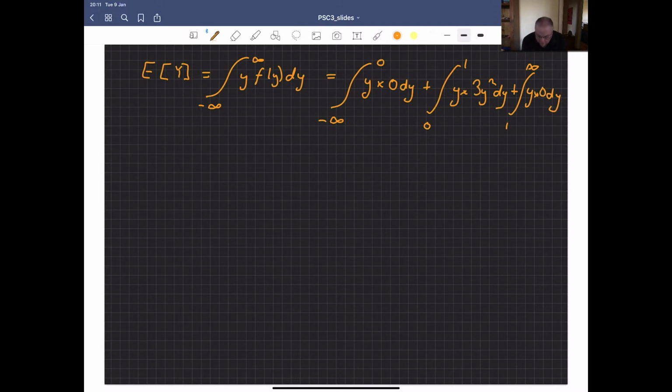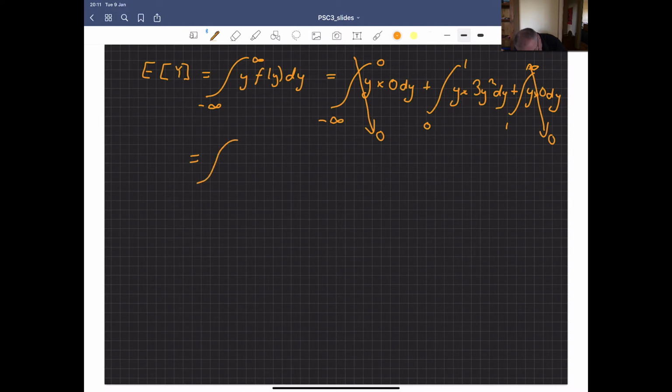Well, notice first of all that y times 0 is 0, and the area under the constant 0 is just 0. So we know that this is 0 and this is 0.